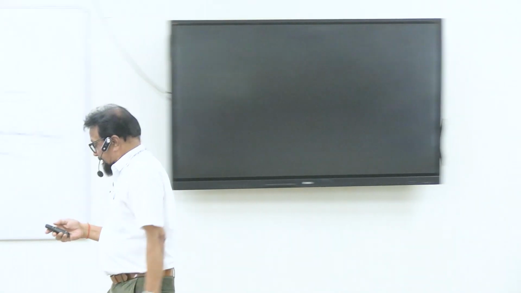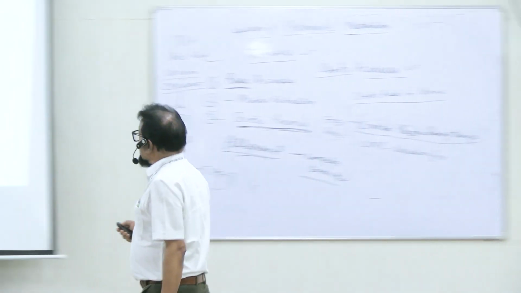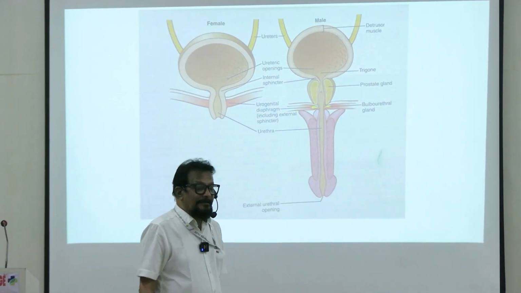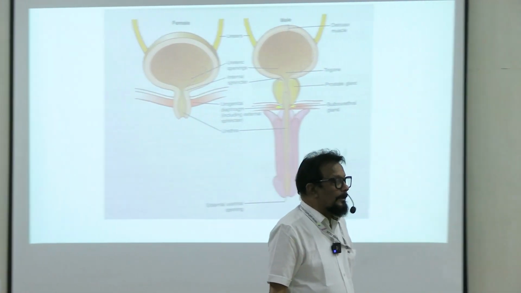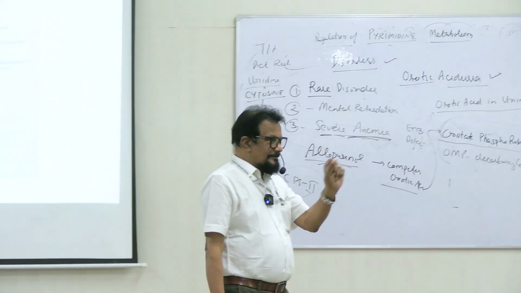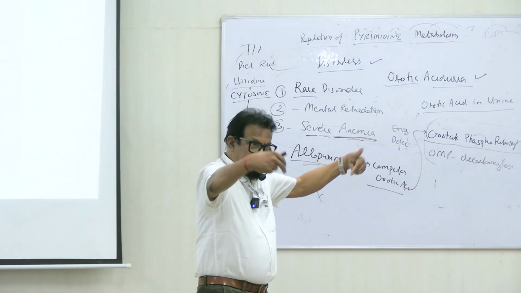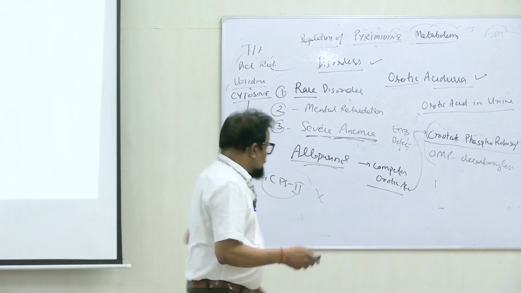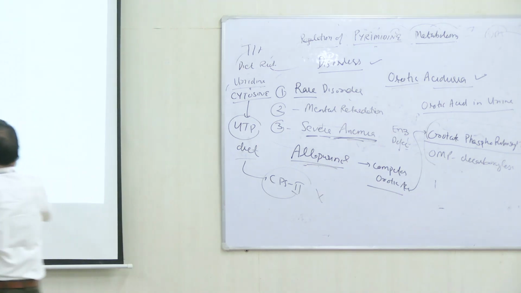Now you can see in the upper part of this trigone, there are two holes. What are these holes? Ureteric, vesico-ureteric junctions. It means both the ureters are opening into the trigone.